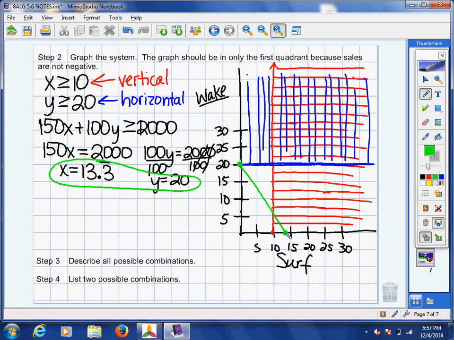Now, again, it's greater than or equal to, so what I need to look for is probably plug in 0, 0, so 150 times 0 plus 100 times 0. Is that bigger than 2,000? That would be a no. 0 is not even near 2,000. So don't shade the left side of the green line, shade the right side, okay?